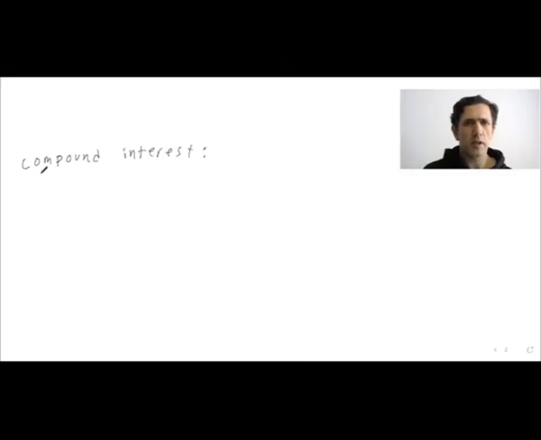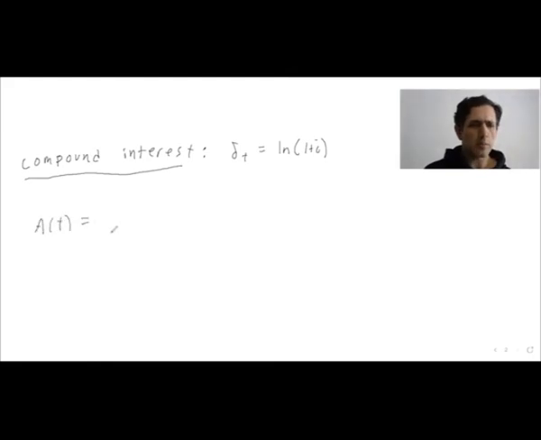Okay, so remember we computed in the last video a constant force of interest, ln of 1 plus i. Let's just plug into our formula, and it's going to be a lot simpler than it might initially look. So this is 0 to t of ln of 1 plus i dt.